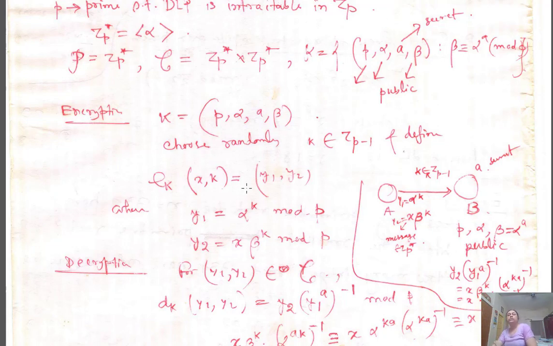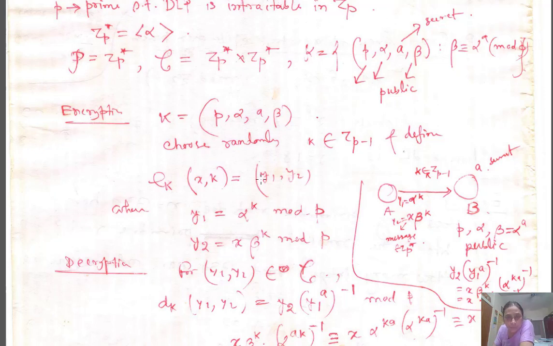So very simple. The encryptor uses the decryptor's public key p, alpha and beta. a is not known to the encryptor. He chooses a random k from Z(p minus 1), raises alpha to the power k, also raises beta to the power k, and multiplies beta to the power k with x.